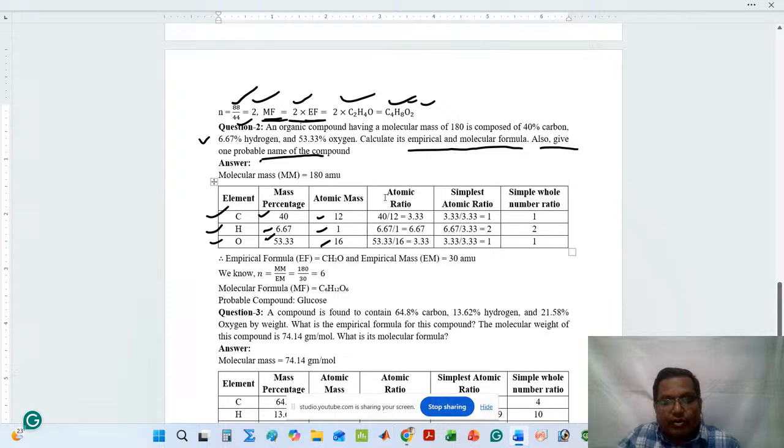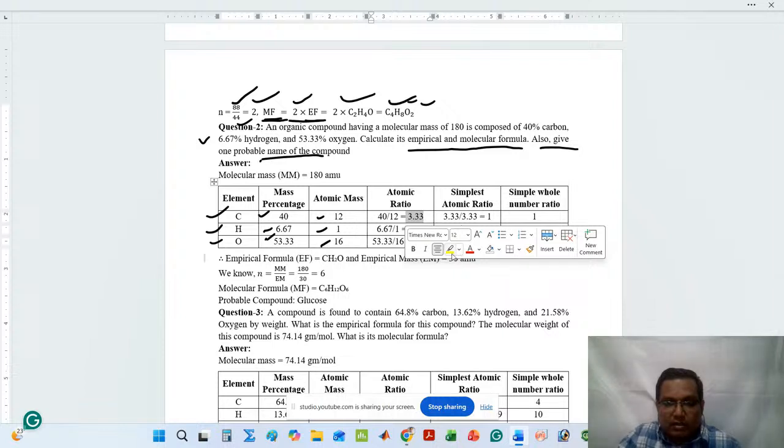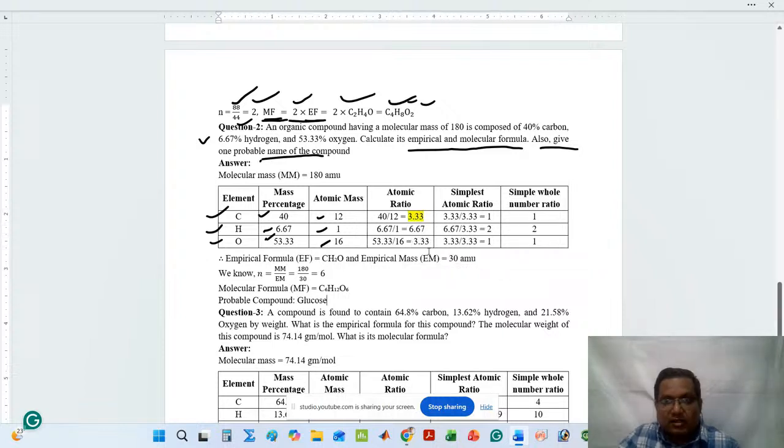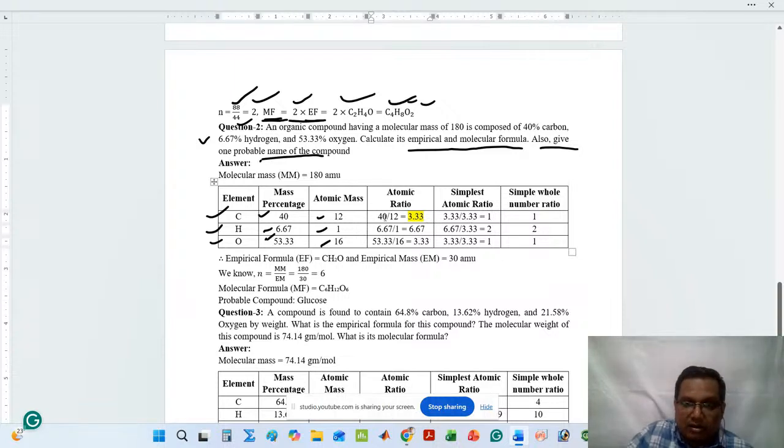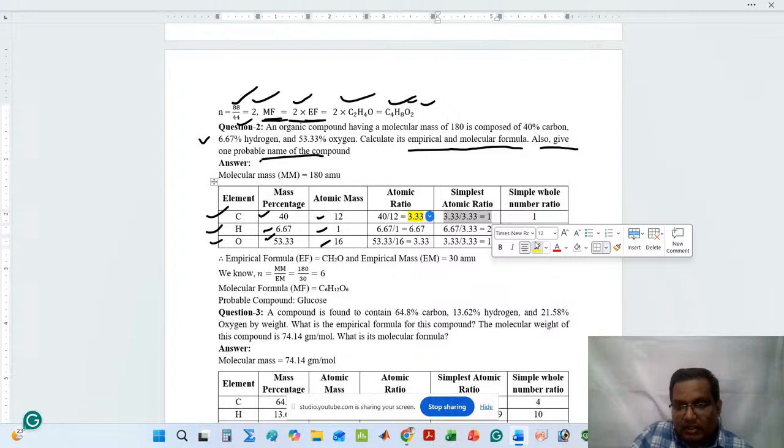After getting the atomic ratio, find out the smallest atomic ratio. Here 3.33 is the smallest atomic ratio. Next is find out the simplest atomic ratio. Now divide all the atomic ratio by the help of the smallest atomic ratio, that is 3.33. So here I can write 3.33 divided by 3.33.